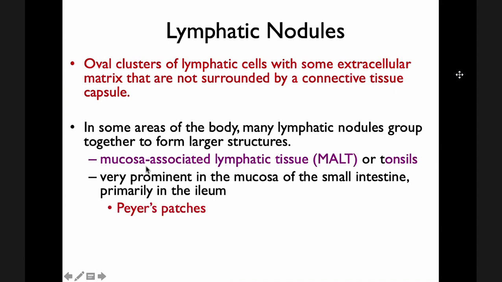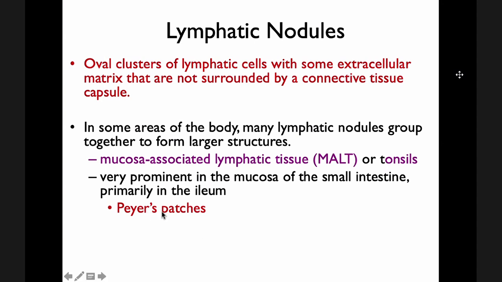For example, we call them mucosal associated lymphatic tissues. So there are different names. You have NALT, nasal associated lymphatic tissues, and MALT, mucosal associated lymphatic tissues. But they are not as structured as your secondary and primary lymphoid organs.